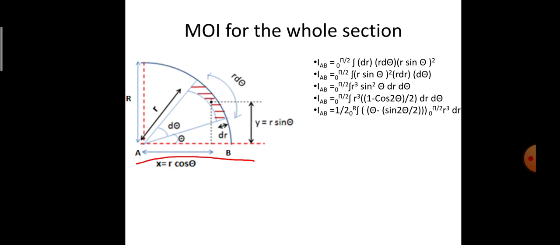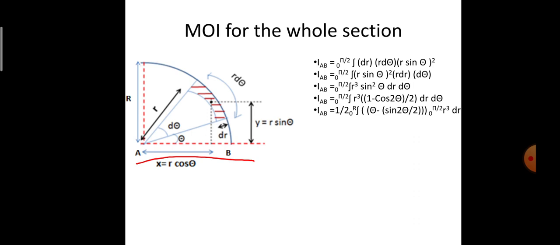Firstly, the d theta term has to be integrated with reference to the limits between 0 to pi by 2, and then the term of dr, that is r cube dr, has to be integrated separately with reference to the limits 0 to capital R, that is the radius.